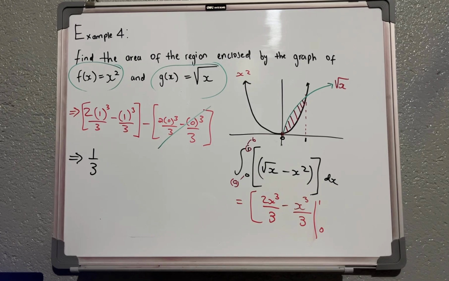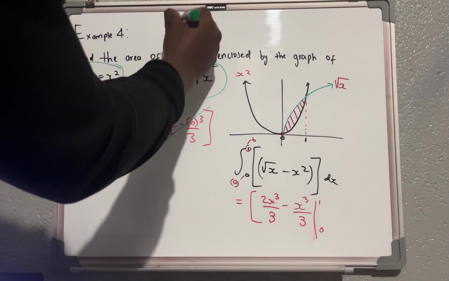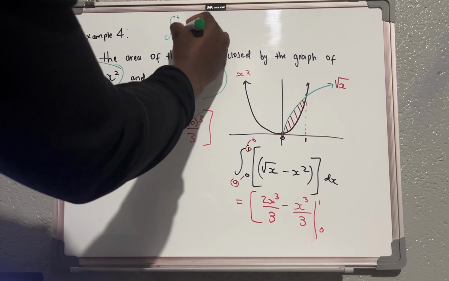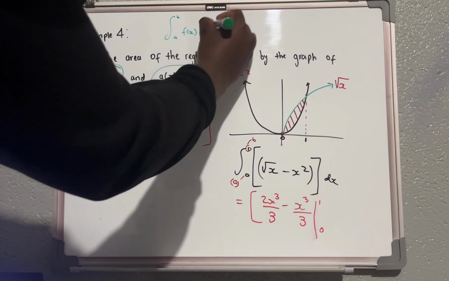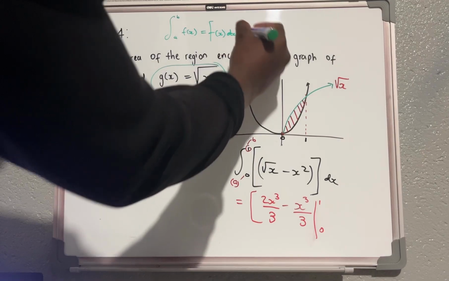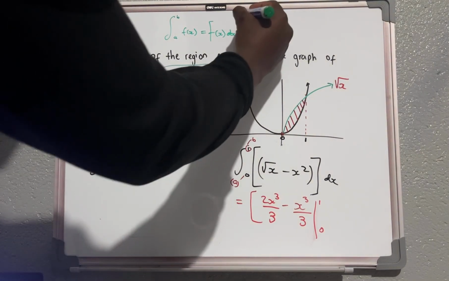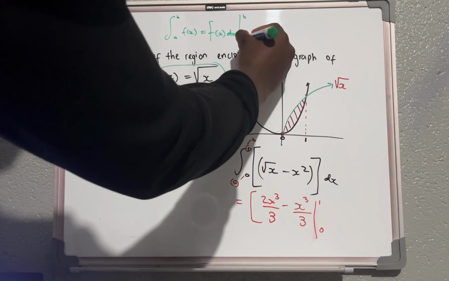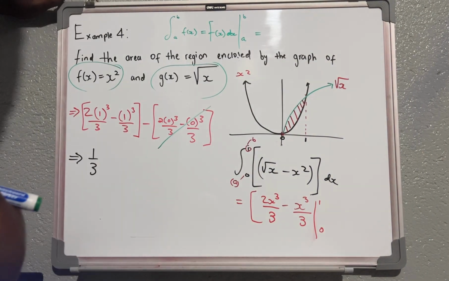For those perhaps who are still new to the fundamental theorem, you always have a formula that says you have your b, you have your a, and the integral of f of x dx from a to b. How does this simplify?